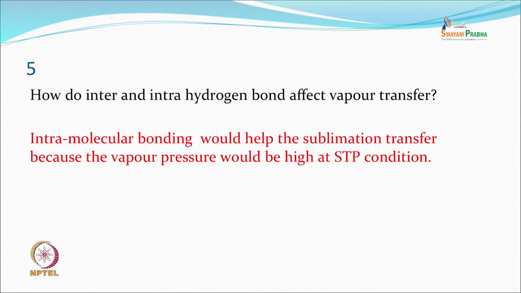So, if intramolecular bonding is more, it will help in sublimation transfer, because the molecules will be able to separate out from the solid and get into the vapor phase, and under standard temperature and pressure conditions, you can expect high vapor pressure.